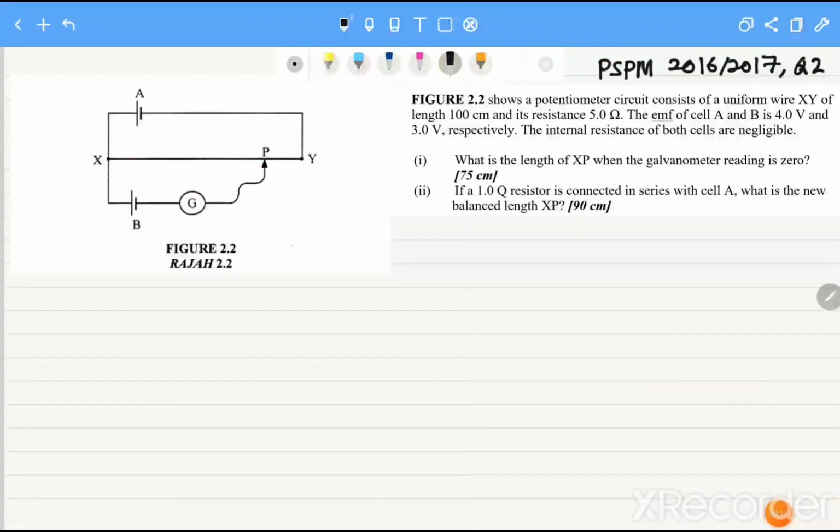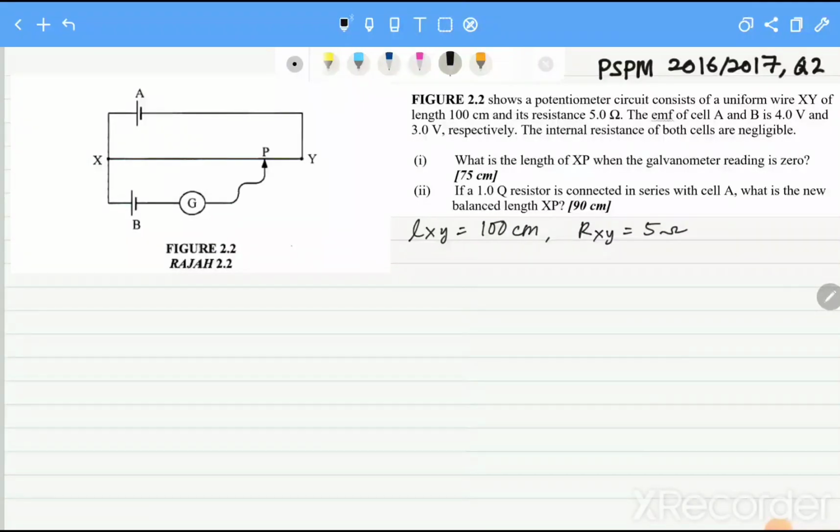Okay, the second question is about potentiometer. Figure 2.2 shows a potentiometer circuit consisting of a uniform wire XY of length 100 cm and its resistance 5 ohm. We take out the information first. Given L XY is 100 cm and resistance RXY is 5 ohm.